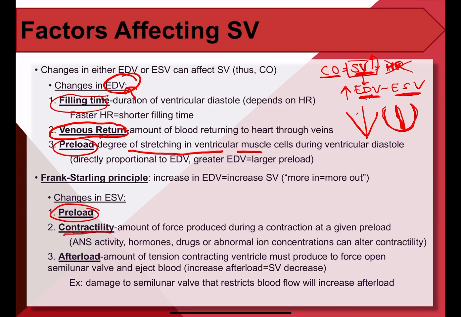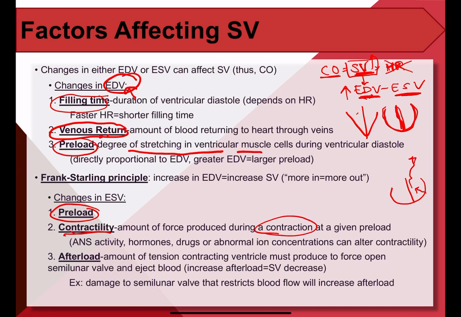Contractility means how much force is produced when a contraction happens at a given preload. Let's say you're like this. Well, you can contract quite a bit and get a lot of blood into your aorta.